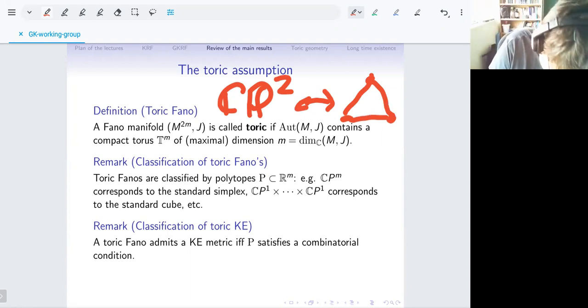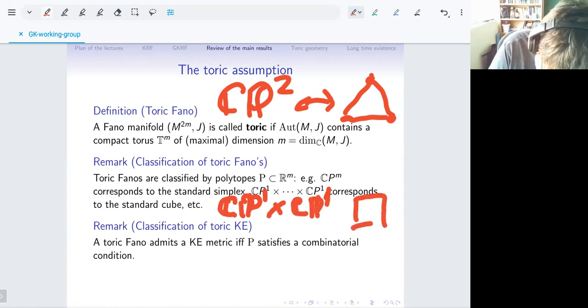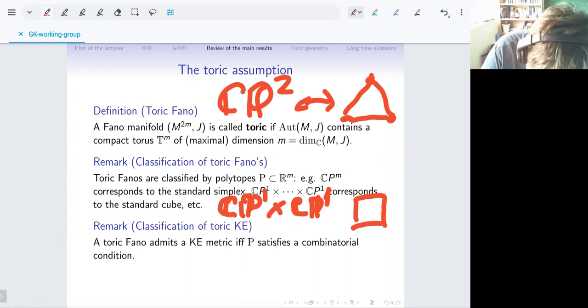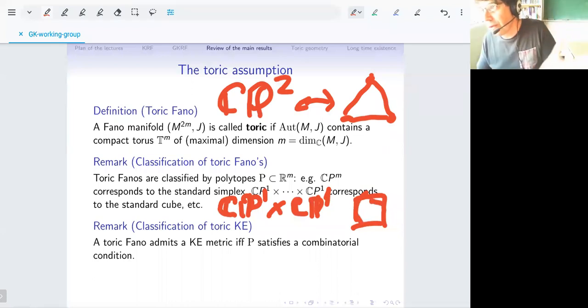Or if you take CP1 times CP1, for instance, this is another example of a toric Fano, and you get just a square. There is a combinatorial way to characterize them, and in particular you can create examples, for instance by cutting corners in symmetric ways, and so forth.